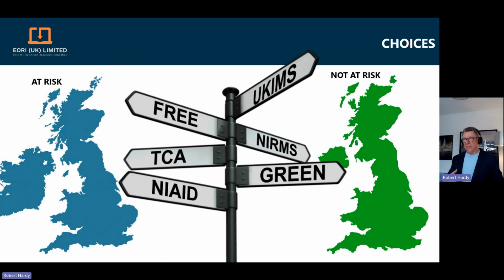Or they might be GB origin moving into NI, and they become free under the Trade and Cooperation Agreement, because you've got to get into your head that an at-risk entry in Northern Ireland is very similar to an import declaration in the Republic of Ireland. It's not exactly the same, but it's that kind of methodology, so that where you would happily use the Trade and Cooperation Agreement preferential duty nil for anything in Dublin, you might be finding you're doing exactly the same thing in Belfast.